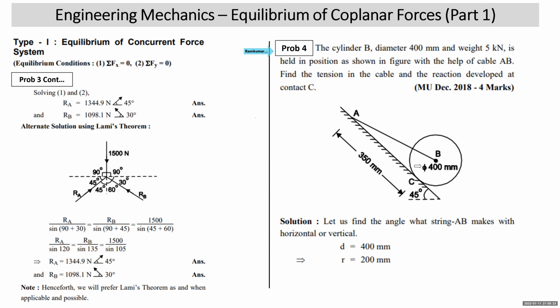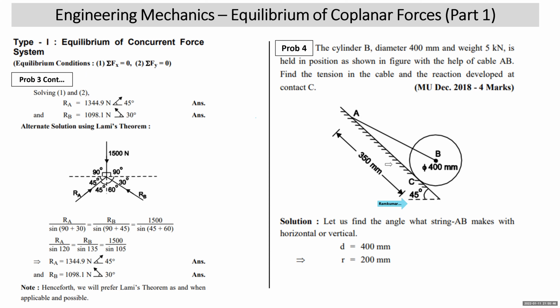Now this is your cylinder given to you. This cylinder is resting on the inclined plane, which is 45 degrees to the horizontal. At the center of the cylinder, it is connected to a string or a cable, which is connected to the plane over here. Obviously, as we already understand, we do not draw FBD of planes. FBD of smooth plane is never drawn.